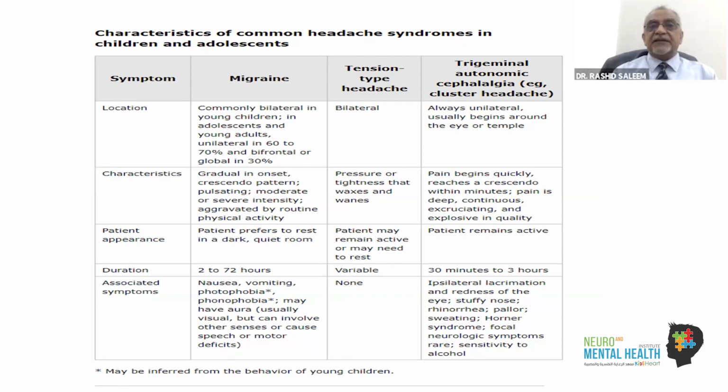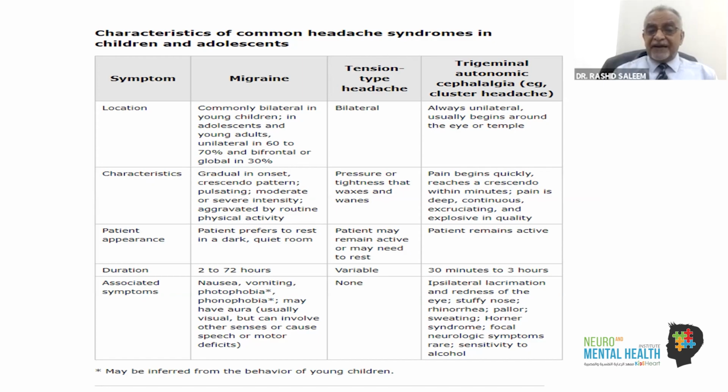Tension type headaches classically are bitemporal, they are bilateral, and TACs, particularly clusters, are invariably unilateral. So if a child or a young adult has bilateral headaches, cluster headaches will not be in the differential diagnosis.